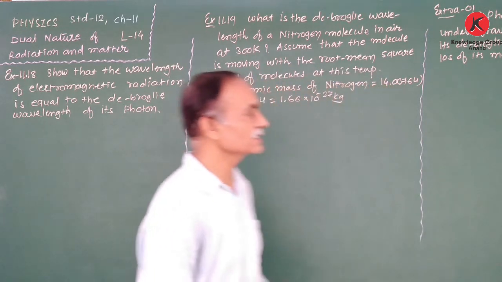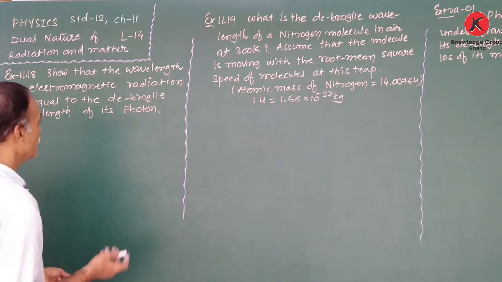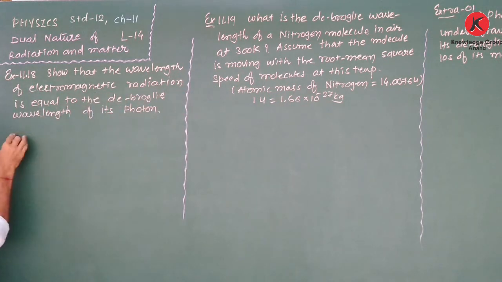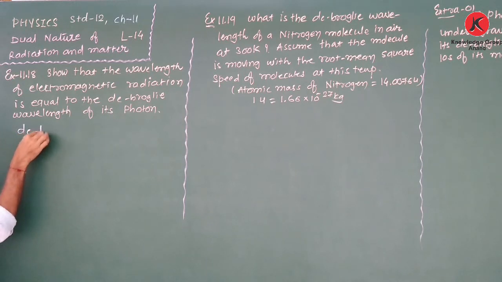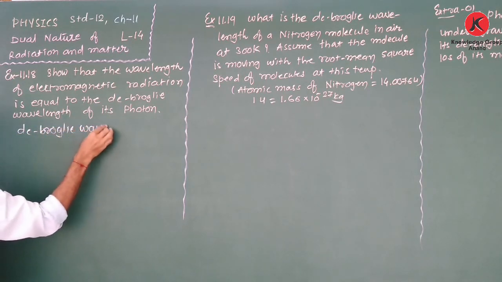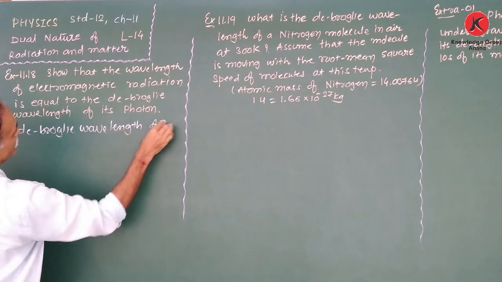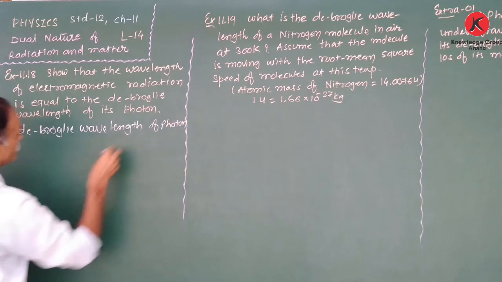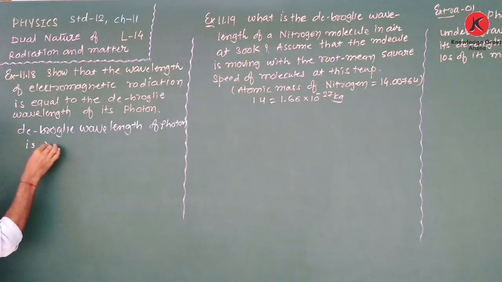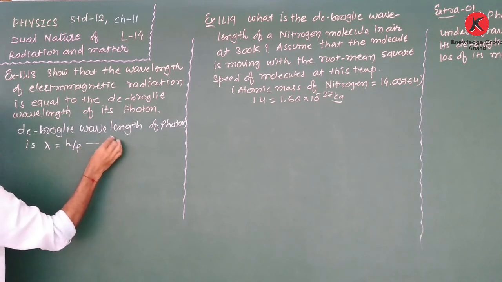For that purpose, we consider that the de Broglie wavelength of the photon is lambda equal to h upon p. That is equation 1.